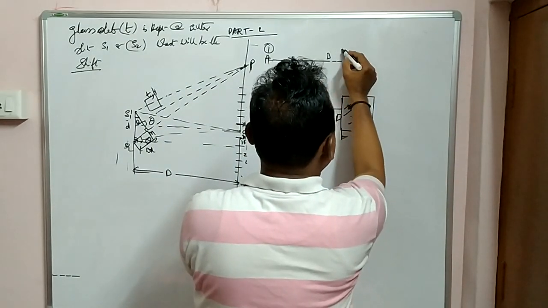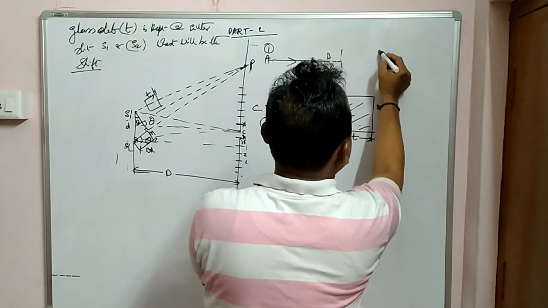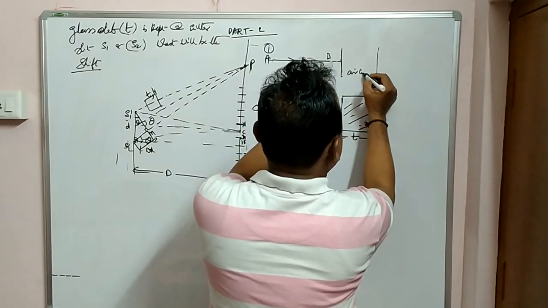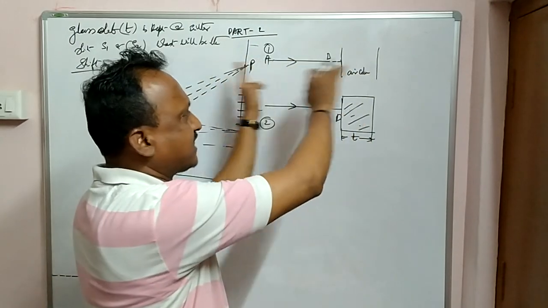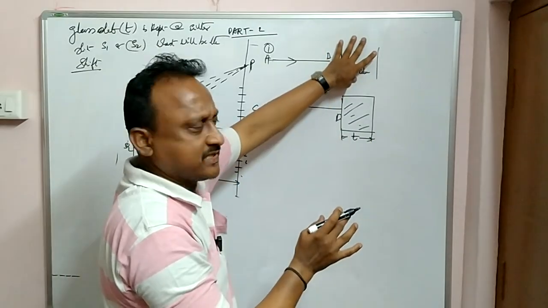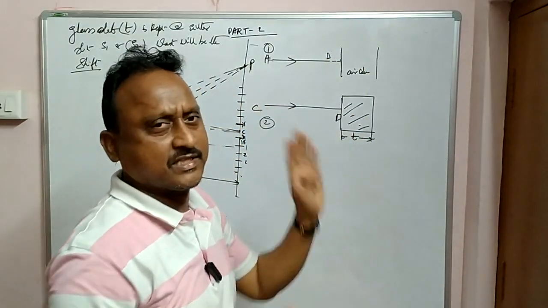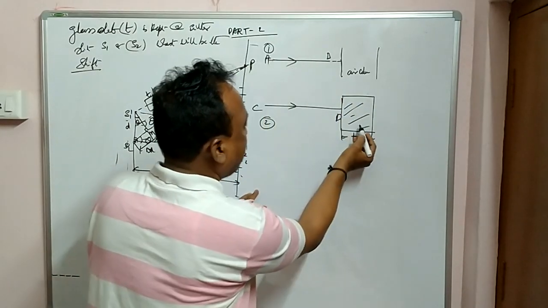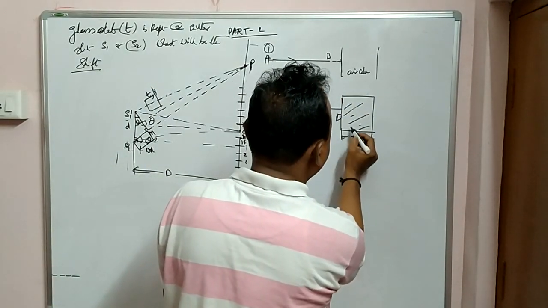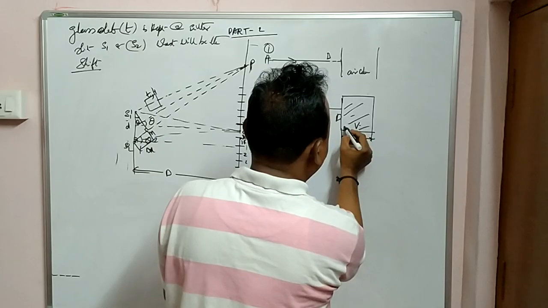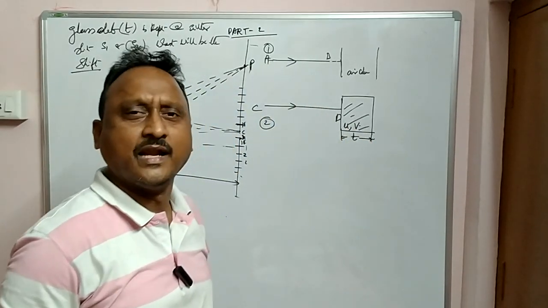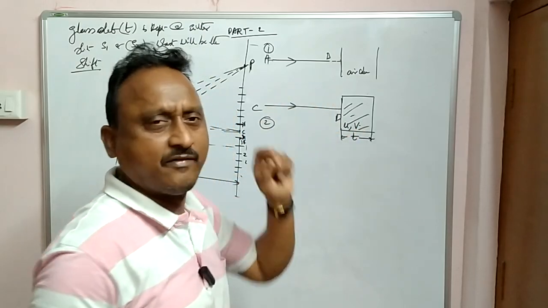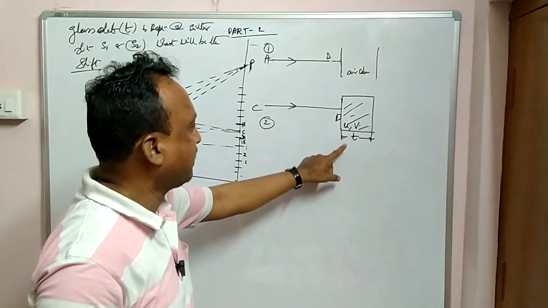Just to understand, I am drawing a balancing line like this. Here it is an air column, nothing is there. That means the wave is continuously going, there is no obstruction; only for this one I have kept an obstruction. Now for example, let mu be the refractive index of the glass slab and V be the speed in this glass slab.